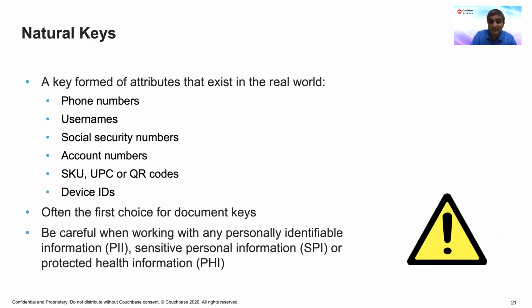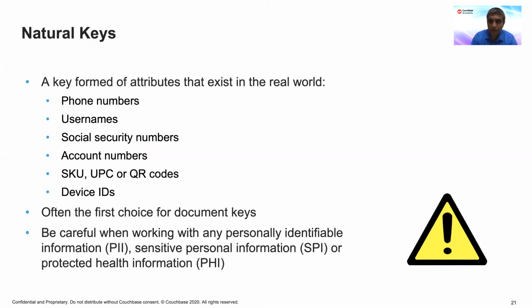So these are the natural keys. These are often the first choice for document keys as well. But remember very carefully, you do not want to violate your PII or SPI or PHI. You'll have to be very careful while you're working with such information.